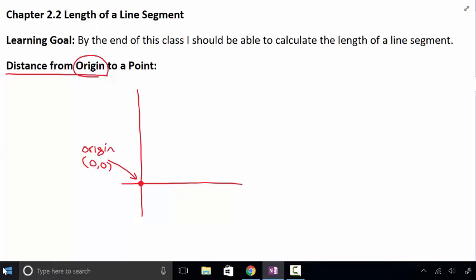And so let's have another point here. Let's say we have a point at 3, 4, for example. I'll call that A. And what I want to know is, what is the distance between the origin 0, 0 and 3, 4?